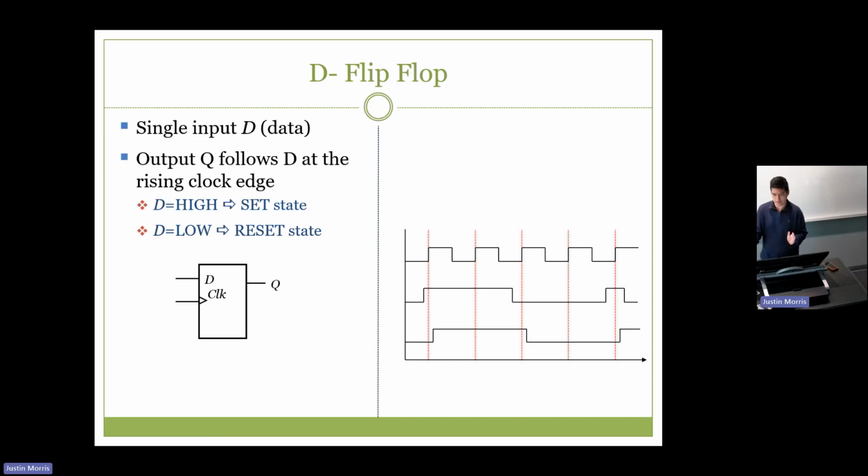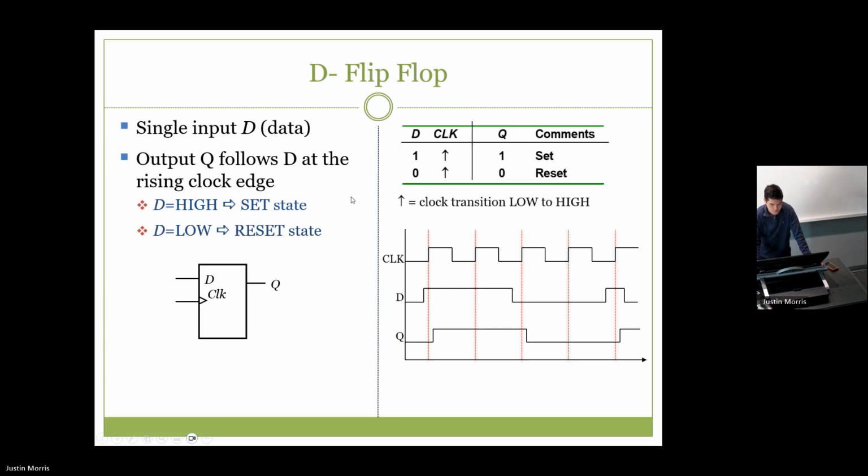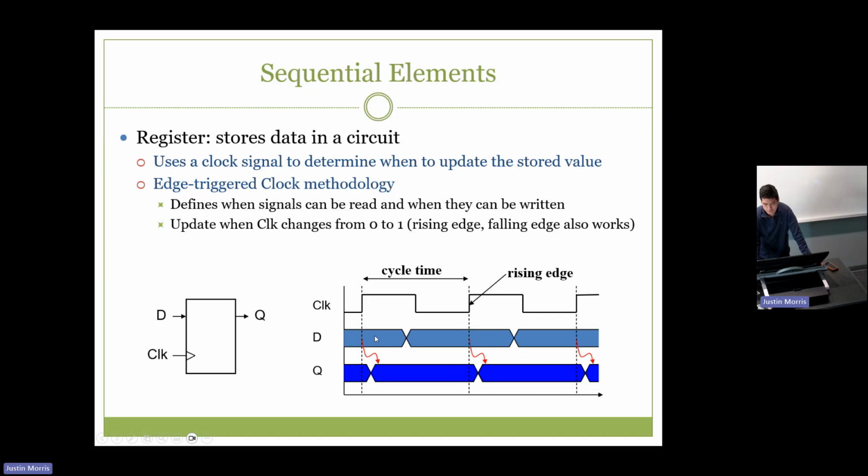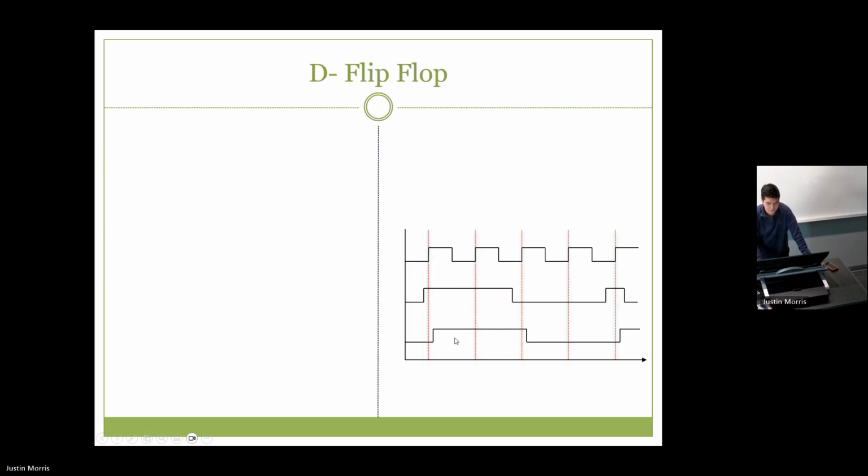For the whole clock cycle, it will stay as what was input at D. Again, this is just the same waveform that we were seeing before, except now we're directly looking at one single bit. We're just saying that it's stable here, changes here, stable here.